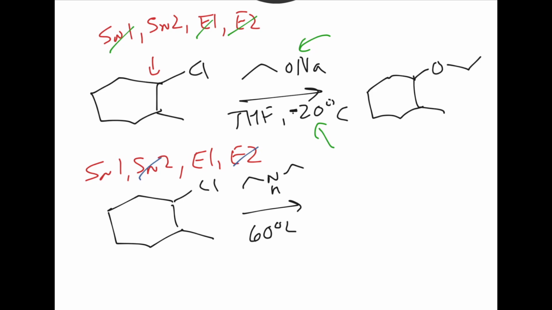Temperature, high or low? I'm going to say 60 degrees is high. So we get rid of substitution. That leaves us E1 as our elimination. Make the most substituted double bond.